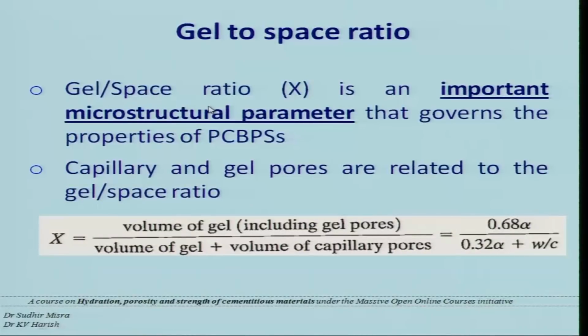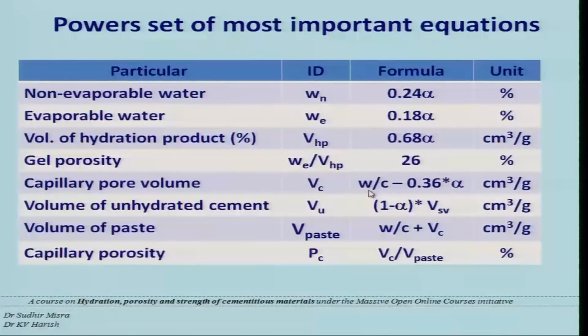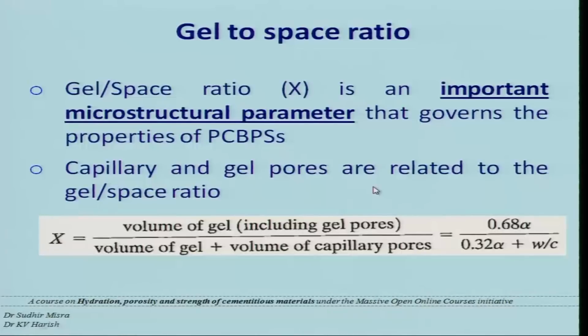So, coming back to gel by space ratio, which we saw in the previous lecture. So, the gel by space ratio X, which is given by volume of gel divided by volume of gel plus volume of capillary pores, can be obtained by using the respective equations, and you will finally get 0.68 into alpha divided by 0.32 into alpha plus water to cement ratio, which means the gel by space ratio is a direct function of alpha, which is degree of hydration, and a direct function of water to cement ratio.